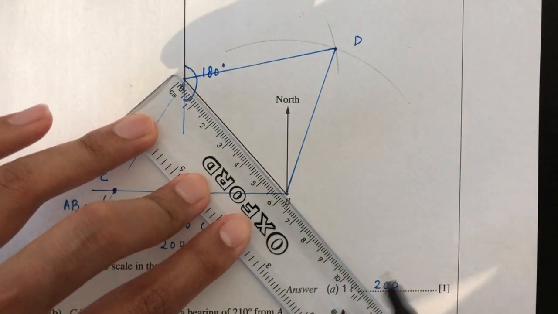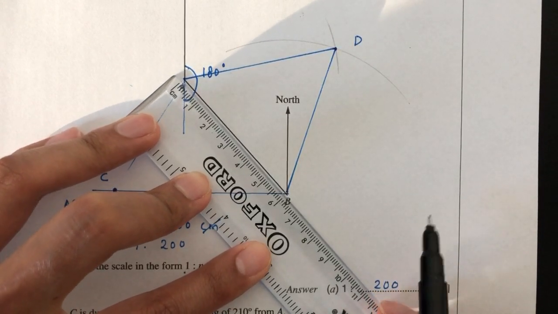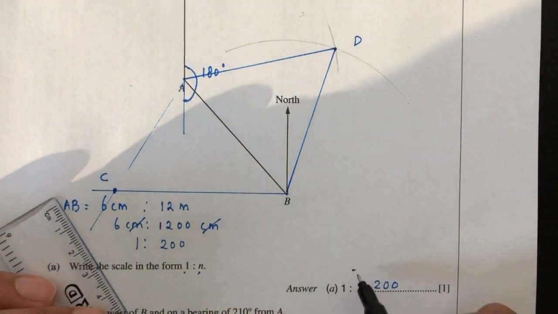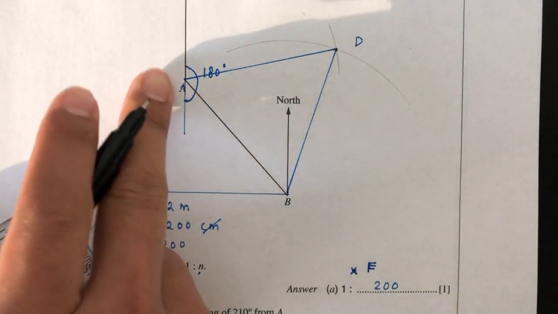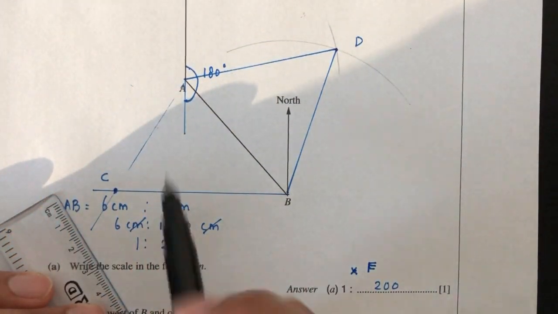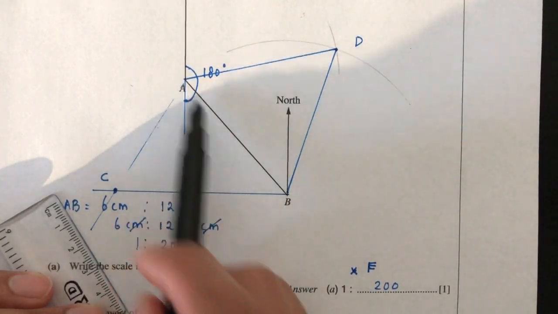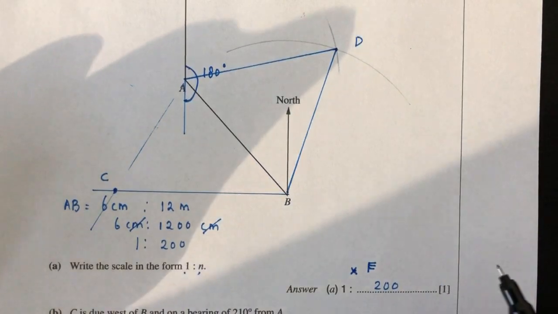It will be here. Okay. That will be your point E. Same direction as this line, because the bearing of E from A is the same as AB, which means in the same direction on the line. So this will be your point E for this question.